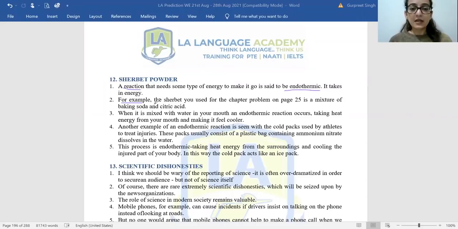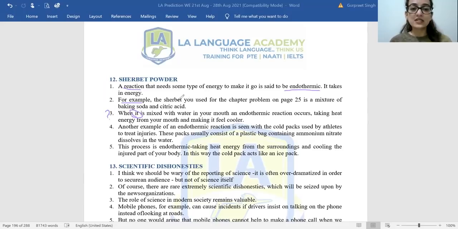So they say, for example, the sherbet you use for the chapter problem on page 25 is a mixture of baking soda and citric acid. How do we know this comes here is when it is mixed with water in your mouth. So when it is mixed means we have to find out what is mixed.